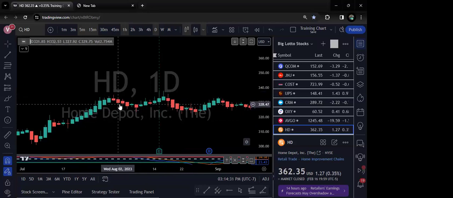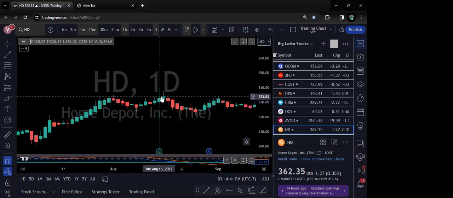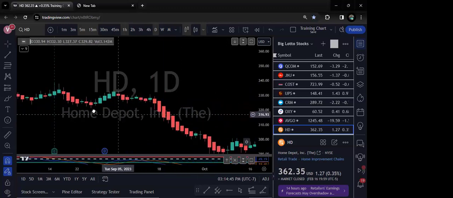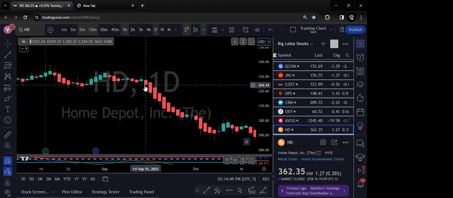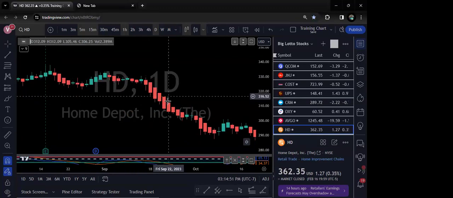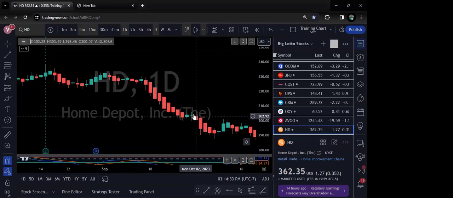You had a change of character here, a valid one because it closed below. Then it went down. Then now it's going sideways. We have a change of character here, another change of character here. Then it gave us a good one here, and then one. Ooh, look at that. Beautiful. Take profit.